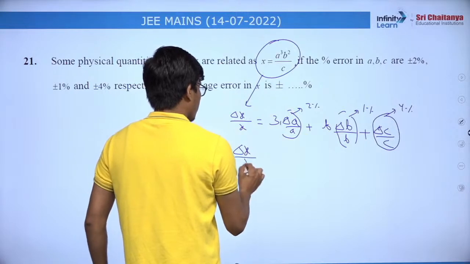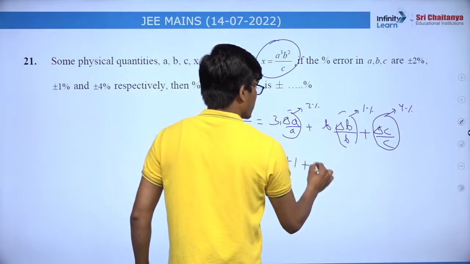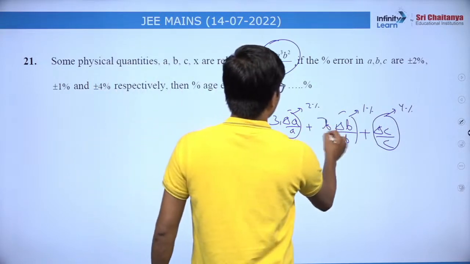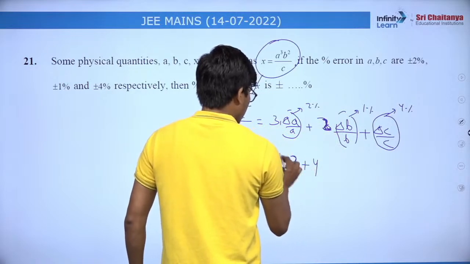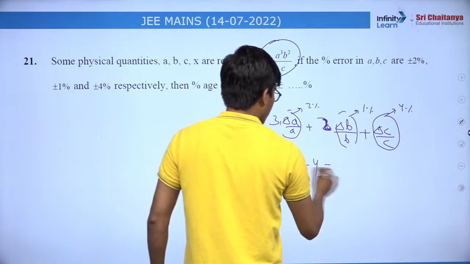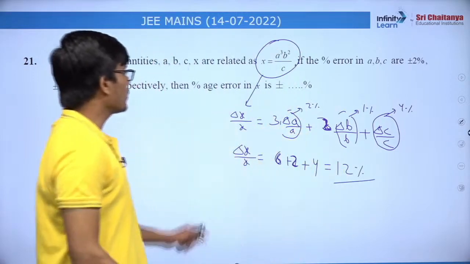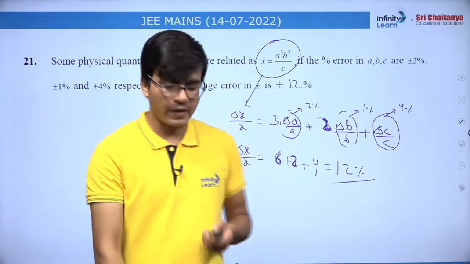So delta X by X you can write 6 plus 1 plus 4. B, it should not be B, it should be 2, right? Power is 2. So it will be 6 and 4, 10, plus 2 is 12%. So 12% is the error in X, percentage error we should say.